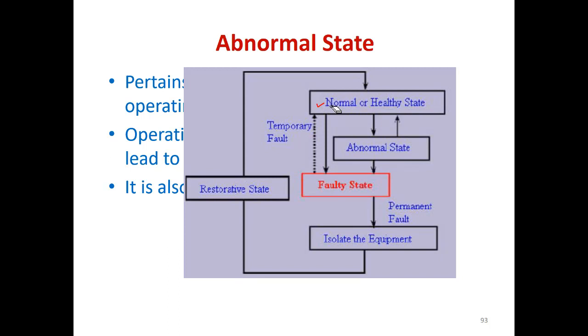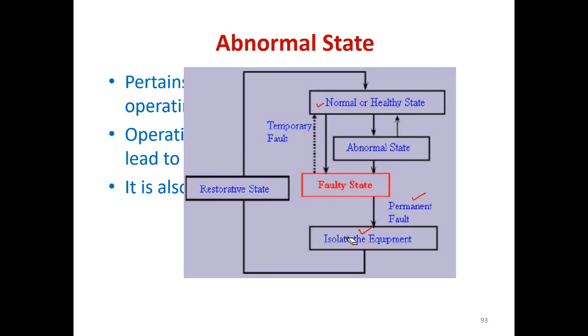For the transmission system it happens once, and for the distribution system it may happen twice or thrice, because sometimes the fault is temporary, and therefore we can easily achieve the normal or healthy state again. But if it is a permanent fault, then obviously we need to isolate the equipment in order to restore the system to the normal or healthy state.